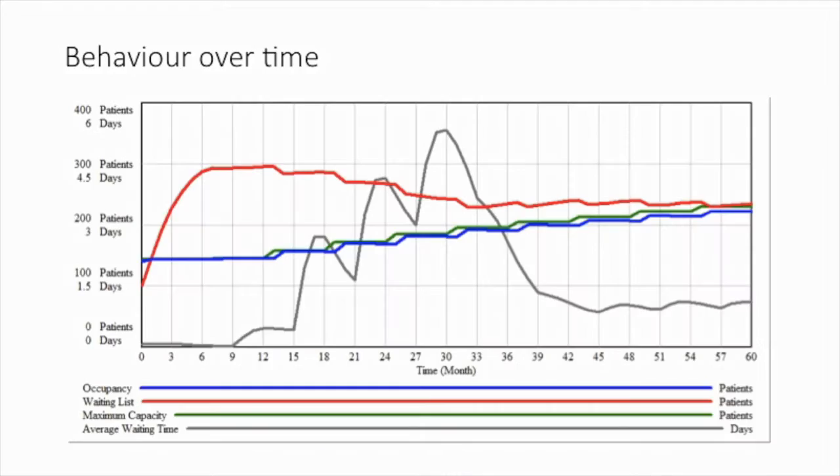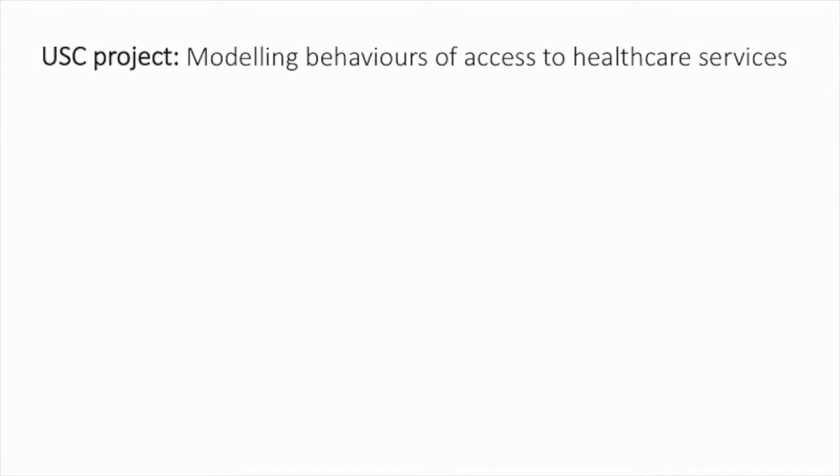But actually what we're most interested in is looking at certain behaviours over time. Looking at how our occupancy level is shifting and adjusting according to the amount of available space that we have. Our waiting list, which is the red line, might peak and then settle down, so we might not actually get an immediate effect of that increase in the number of beds.